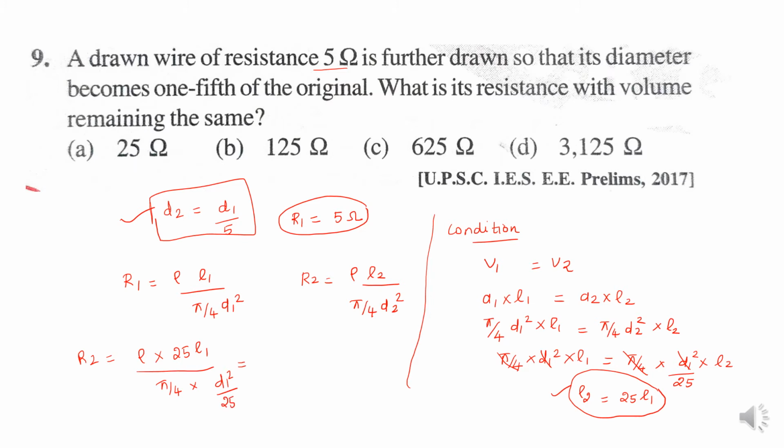And next, 625 into rho into L1 by pi by 4 into D1 square. So that is equal to what? That is the old resistance R1, that is 5 ohm. Now what is the new resistance? 3125 ohm. This is the answer for this problem.